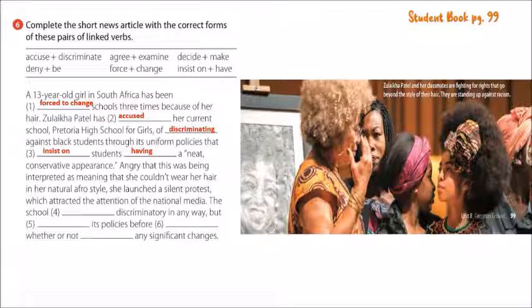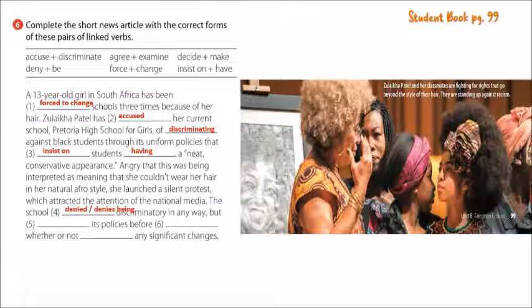Angry that this was being interpreted as meaning that she couldn't wear her hair in her natural Afro style, she launched a silent protest, which attracted the attention of the national media.